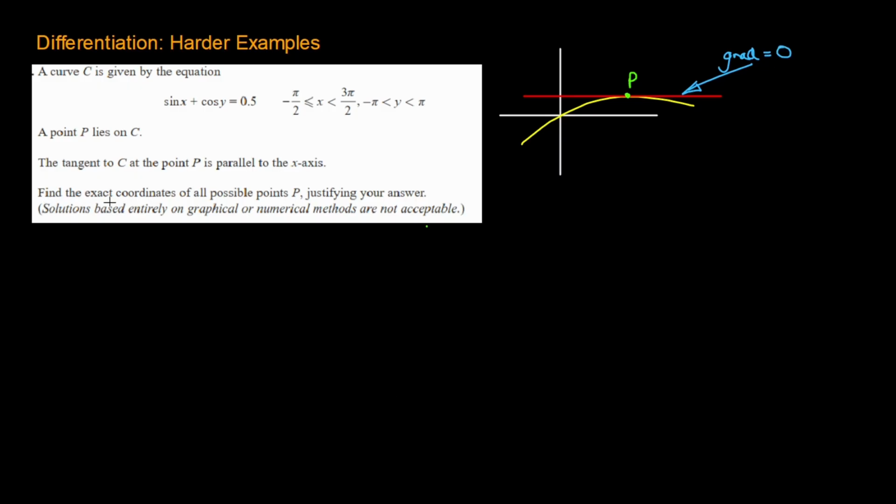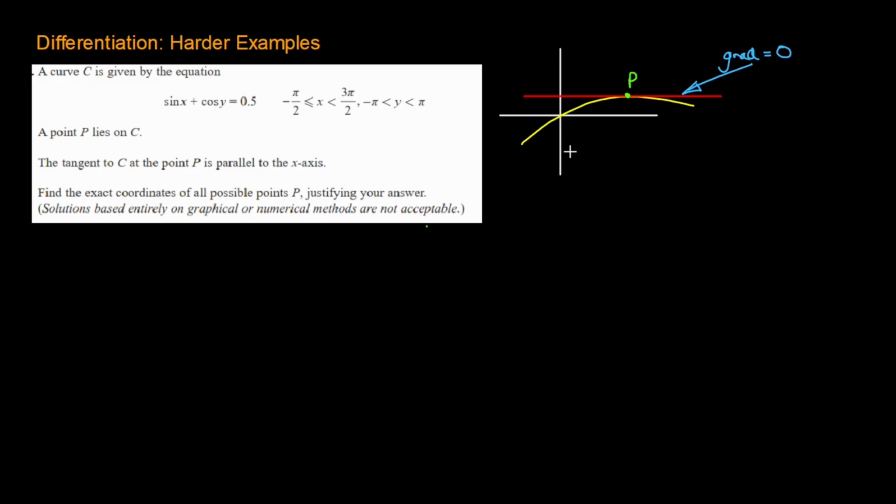Now we're asked to find the exact coordinates of all possible points of P, justifying your answer. So the key word here is exact. Pi may be in the answer, or roots may be in the answer, but we must leave them there. And the fact that it says all possible points of P will be restricted by the fact that both y and x have upper and lower limits.